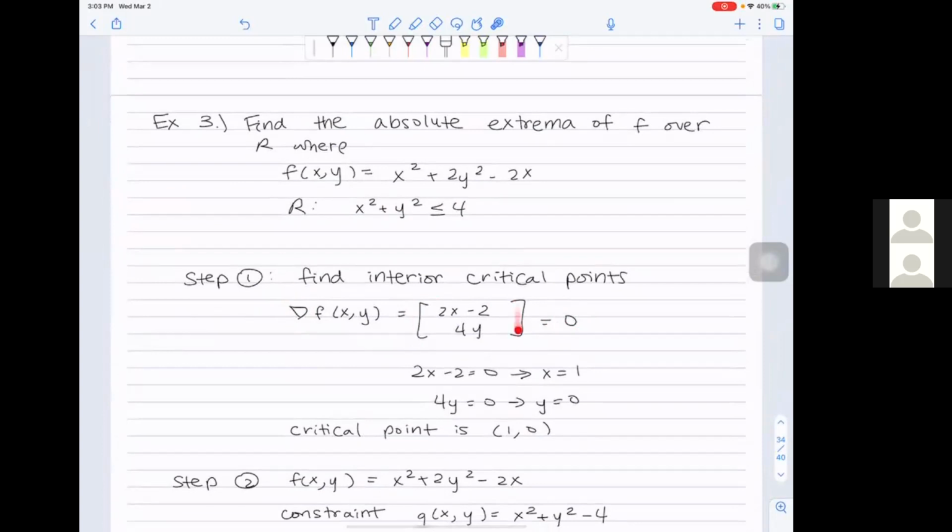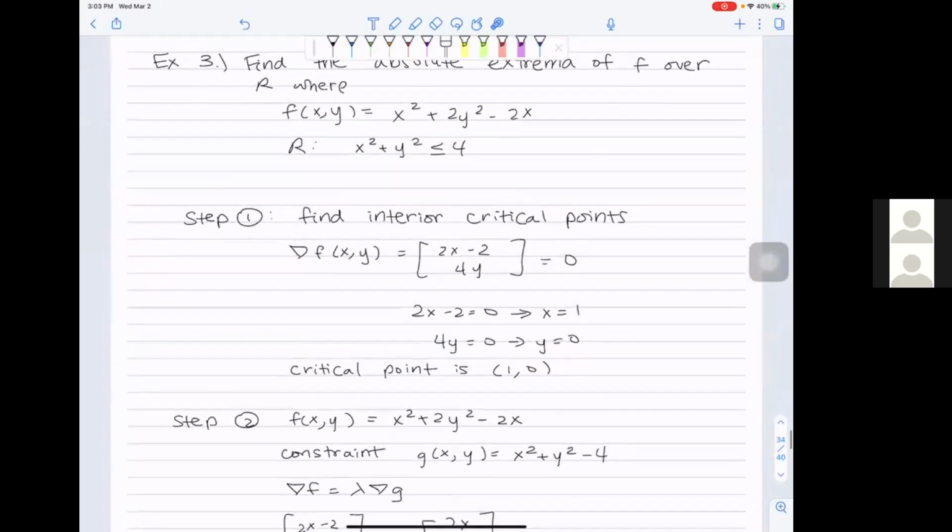So we found the gradient and we got that a critical point is 1, 0. Then step 2, we look at our constraint. So our constraint right now is this region. I want to set it equal to 0, so I subtract 4 on both sides. So our constraint g is going to be x squared plus y squared minus 4.